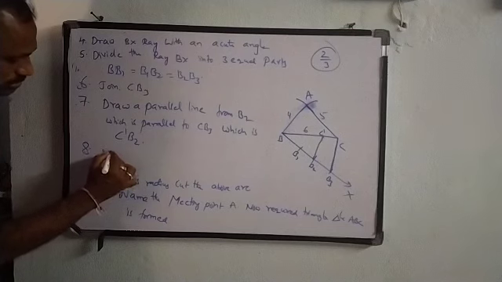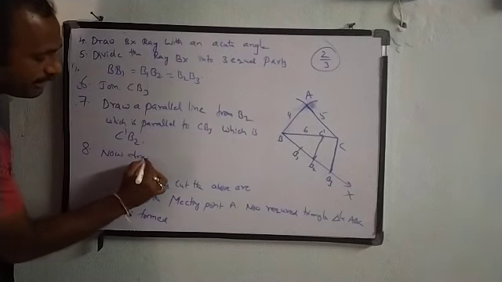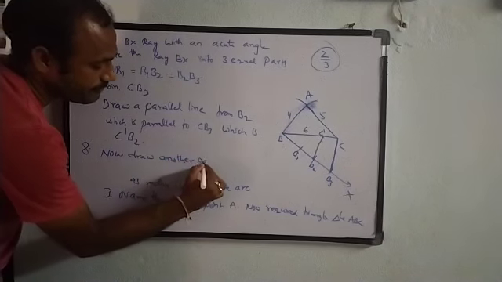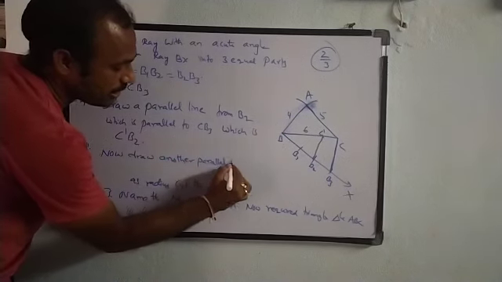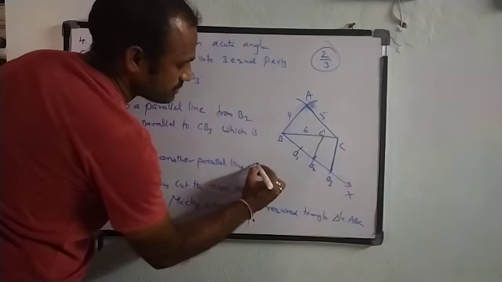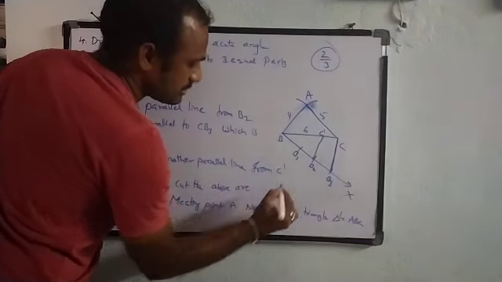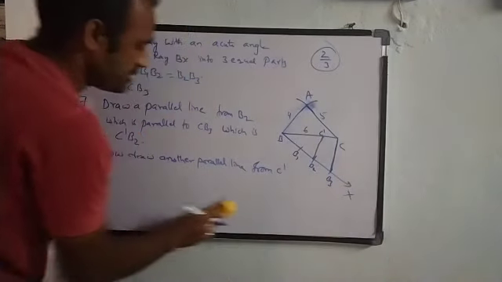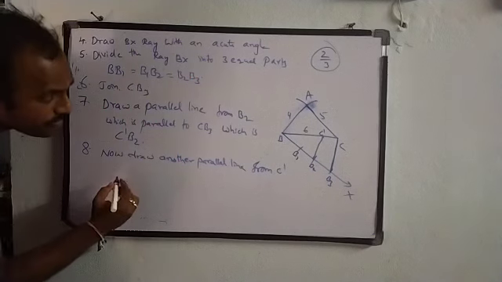Now draw another parallel line from C dash, which is parallel to AC.